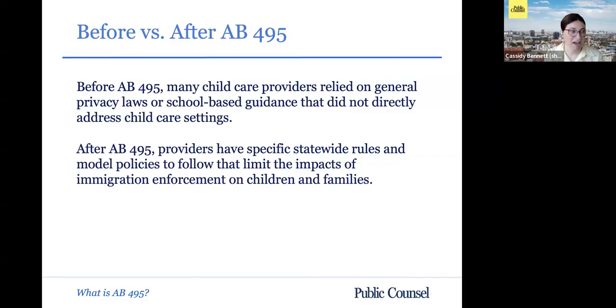After AB 495, there are now clear model policies for childcare providers. There is stronger emergency contact planning. It generally prohibits collection of information unless legally required, and it provides formal response guidance for enforcement requests. All right, next slide, please.